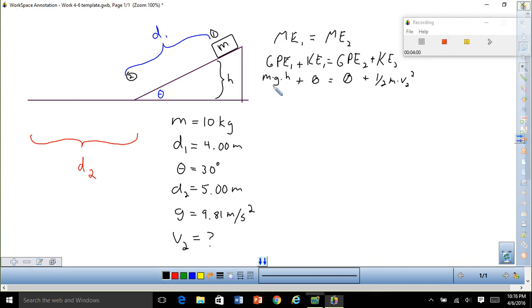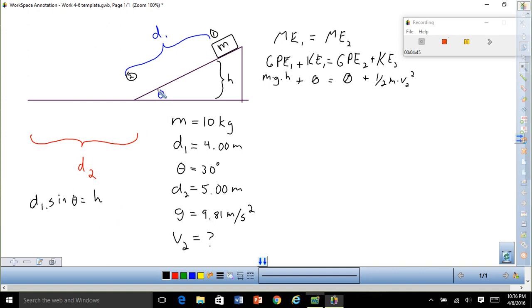All right, and so at this point, since we have our mass and we know g, all we need is our height in order to solve for velocity 2. In order to find the height, we're going to use our trig functions again. Since we know the distance along this hypotenuse is 4 meters, we'll say d1 sine theta is equal to h.